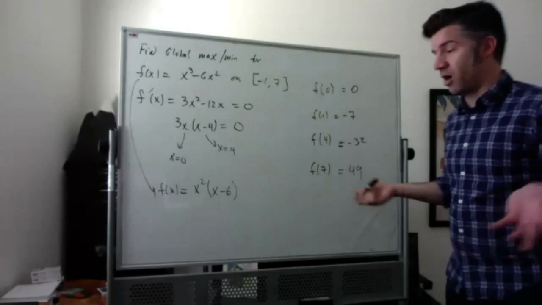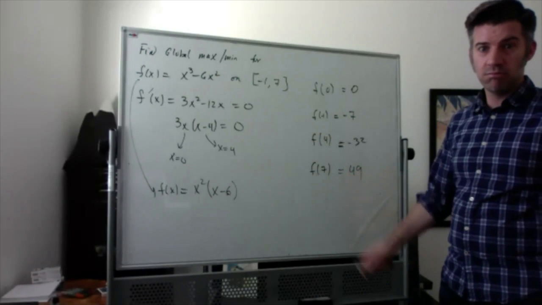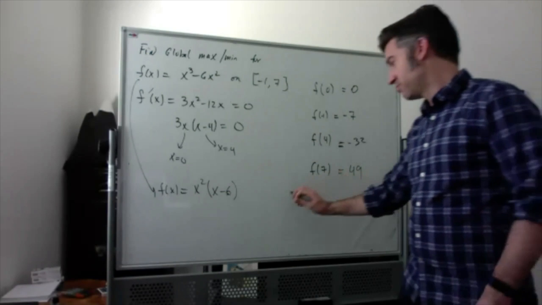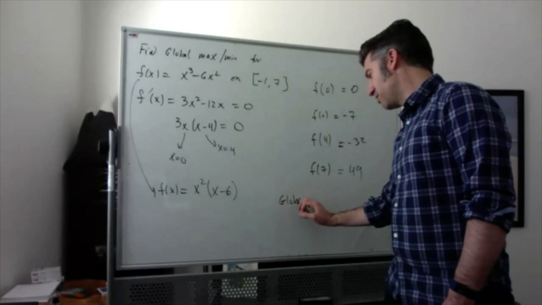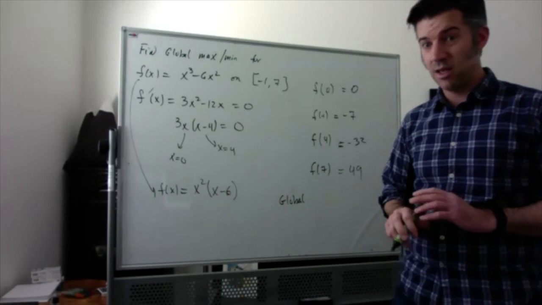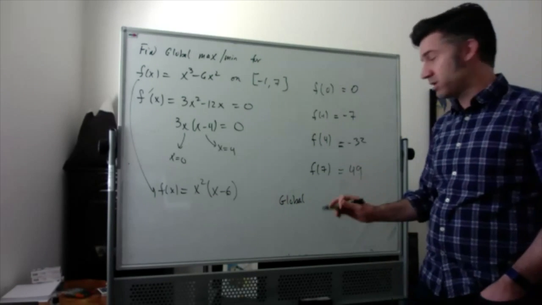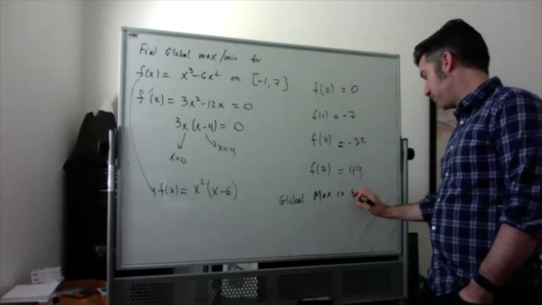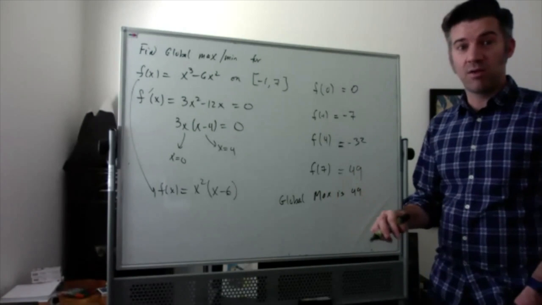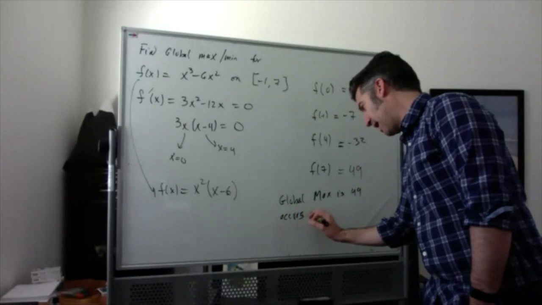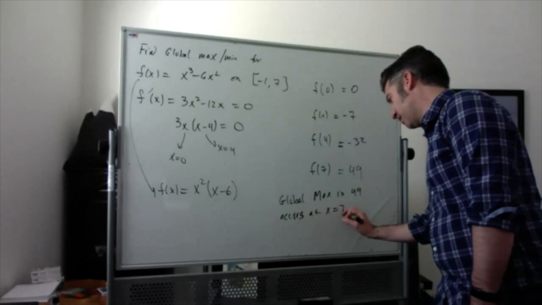So, what's the global maximum? 7. So that's not necessarily a wrong answer, but it depends on how the question is asked. If I said, what's the global maximum? The global maximum is the y value, 49. You could say the global maximum occurs at x equals 7.